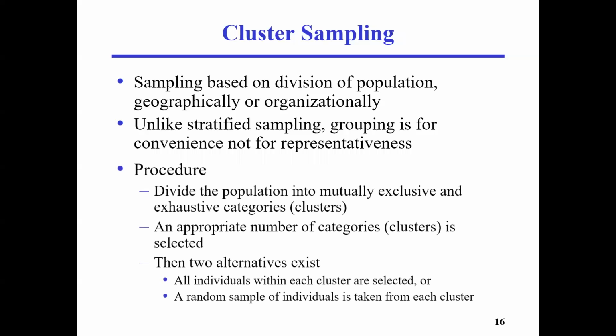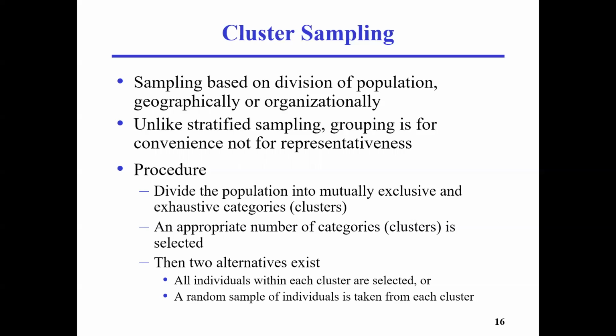Okay, which means that we divide the population into mutually exclusive and exhaustive categories or clusters. Exhaustive means that these subgroups, these categories, these clusters, must cover the whole population. There should not be anyone ignored, okay?